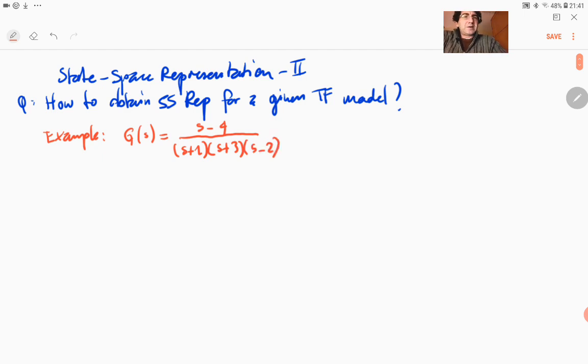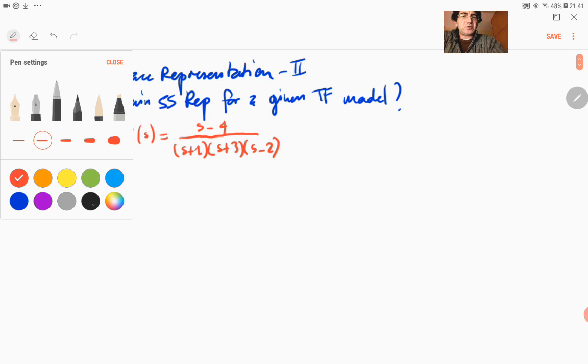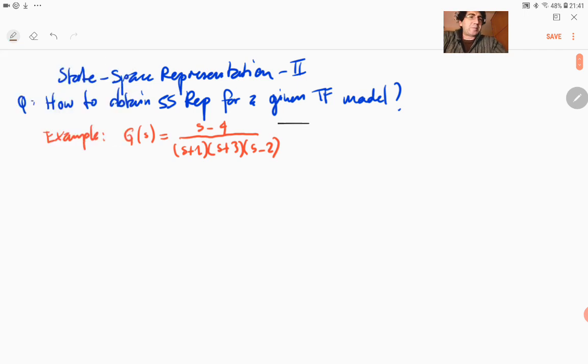In order to convert this into a state space representation, we will use the partial fraction expansion to decompose this into 3 separate terms, one for each pole. So this is going to be equal to alpha 1 over s plus 1, alpha 2 over s plus 3, and alpha 3 over s minus 2.